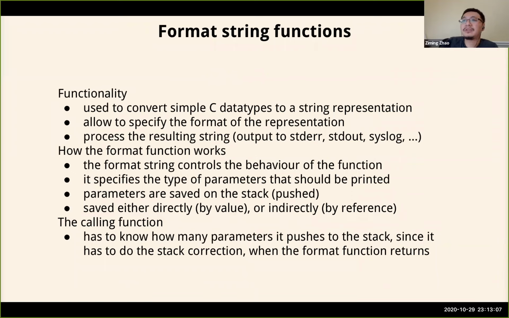Then like all the functions we looked at before, the arguments of these format string functions, obviously there will be one format string, and that format string doesn't have to be the first argument. It can be the second, it can be the third, doesn't really matter. But there could be many other arguments.